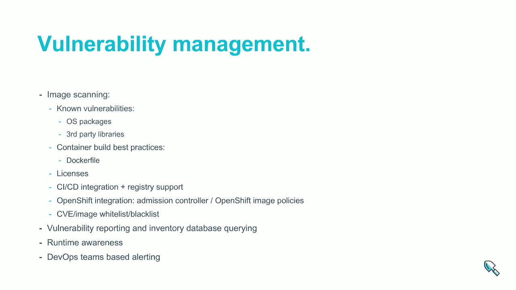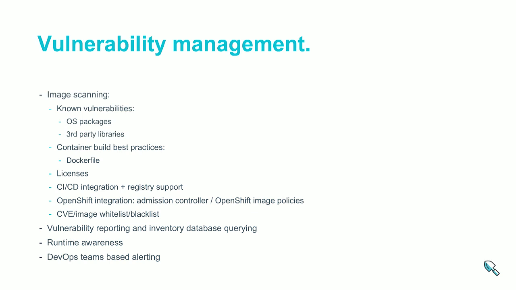How I can leverage OpenShift-specific mechanisms to define which images can be deployed into your cluster, like an admission controller or OpenShift image policies. How I can directly whitelist or blacklist specific known vulnerabilities that might not be affecting my applications, by the CVE or the images.